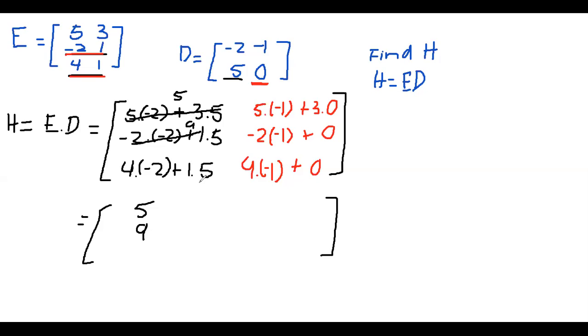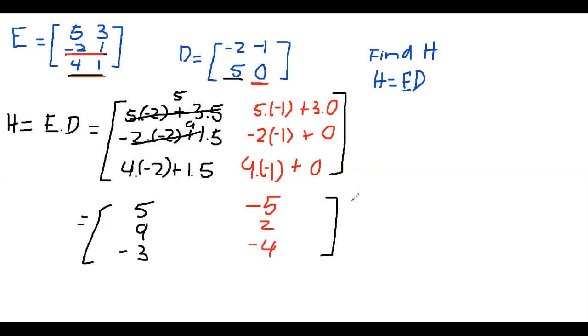The third number of the first column is negative 8 plus 5, so it's going to be negative 3. The first number of the second column is negative 5 plus 0, so it's just going to be negative 5. Negative 2 times negative 1 is just going to be 2. And 4 times negative 1 is negative 4.